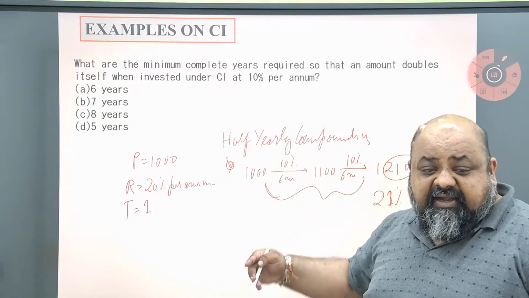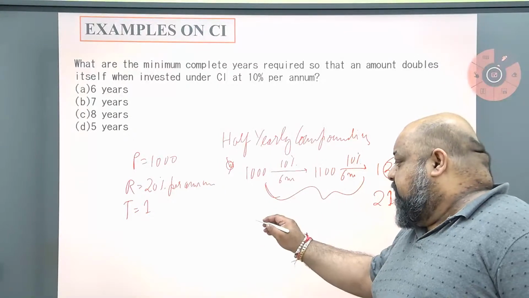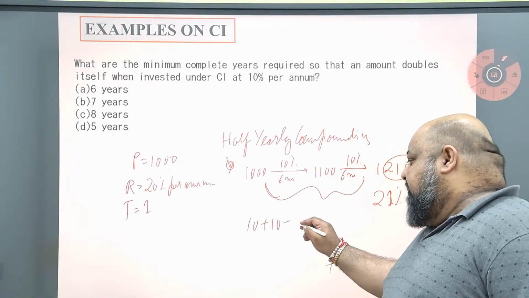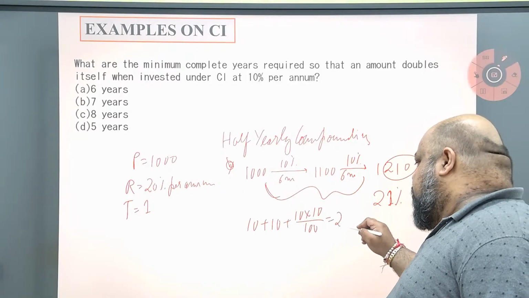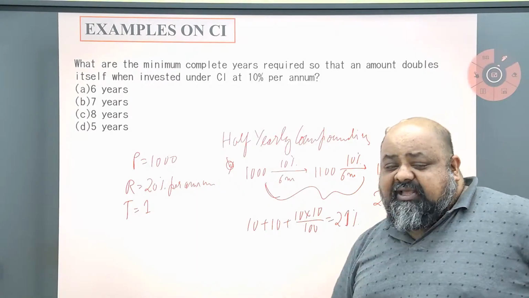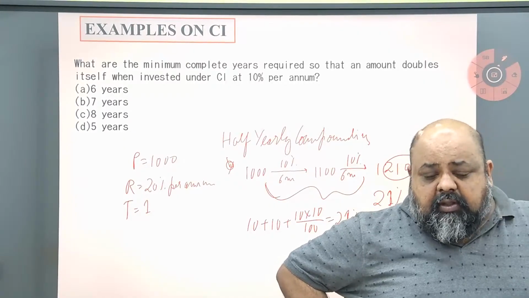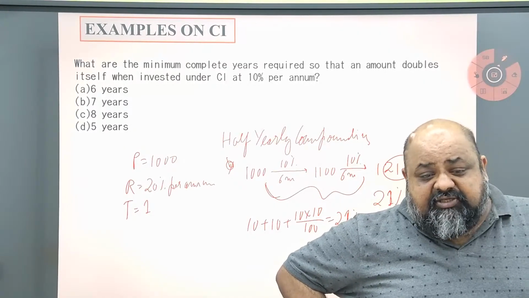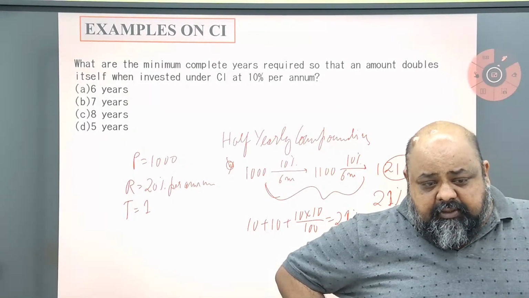And therefore, the effective rate in case of compound interest can be written using the AB principle: 10 plus 10 plus 10 into 10 upon 100. So, if the question says half yearly compounding, rate 20%, I can calculate the effective rate for the year as 21% and then use it like annual compounding.